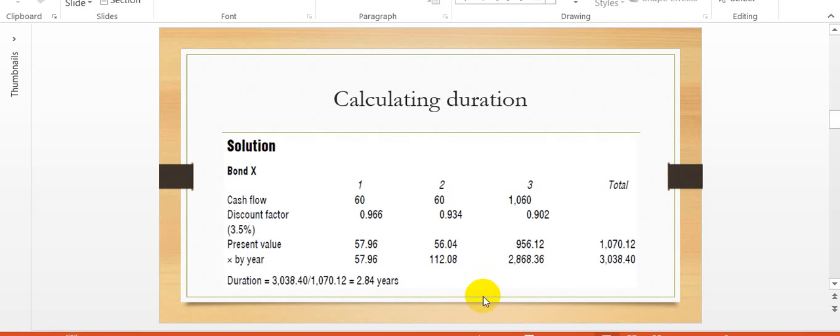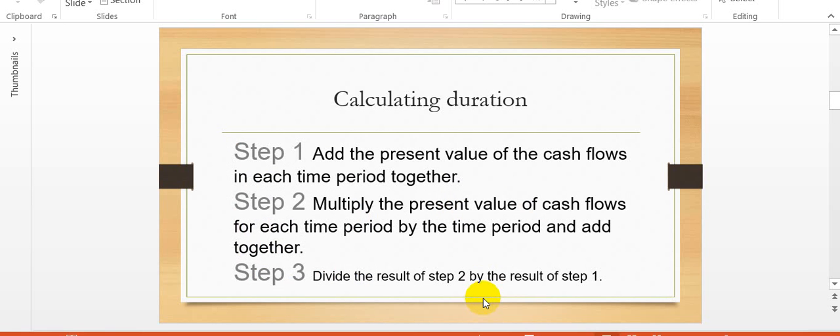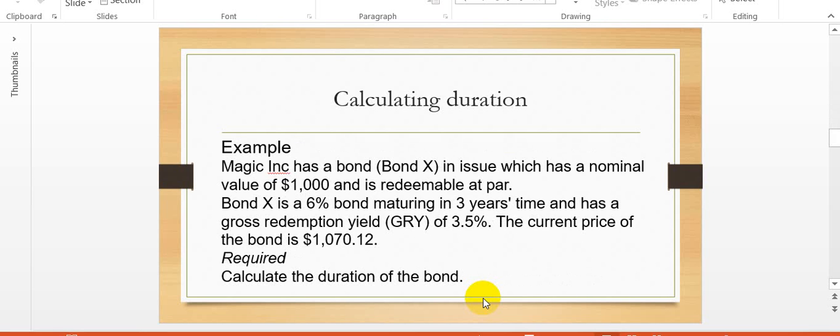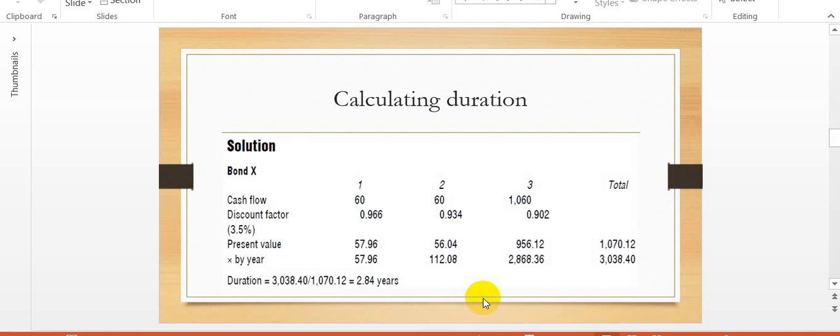Then you go to step 2, where you now multiply the present values of cash flows for each time period by the time period and add together. So 1 times 57.96 will still give you 57.96. 2 times 56.04 gives you 112.08. 3 times 956.12 gives us 2,868.36.